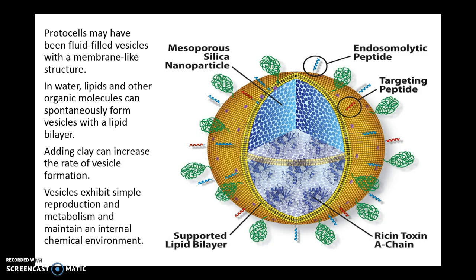The idea is that chemicals became compounds, then larger compounds, eventually giving us this idea of a protocell. And again, we're just going down those four steps. A protocell is a fluid-filled vesicle with a membrane-like structure. So with a protocell, we're getting closer to what we think of as our cells.